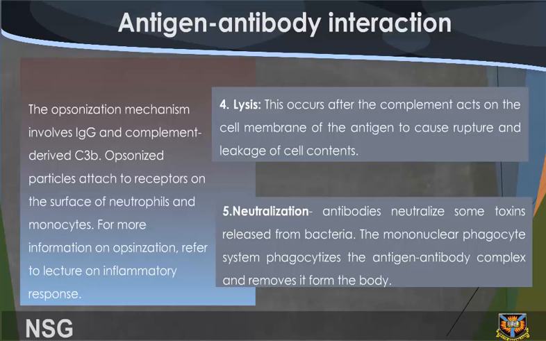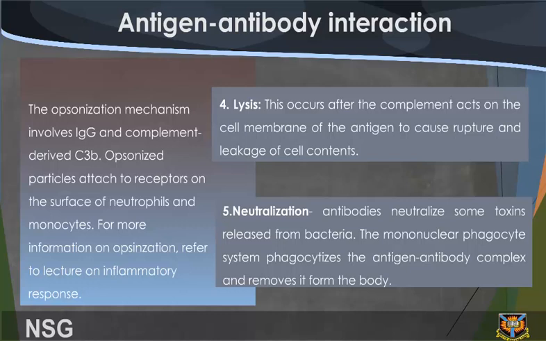The opsonization mechanism involves IgG and complement-derived C3b. Opsonized particles attach to receptors on the surface of neutrophils and monocytes. For more information on opsonization, refer to lecture on inflammatory response. 4. Lysis.